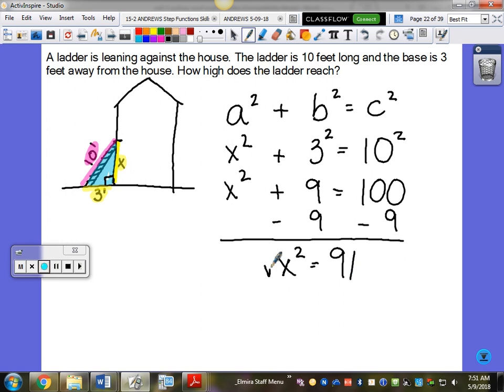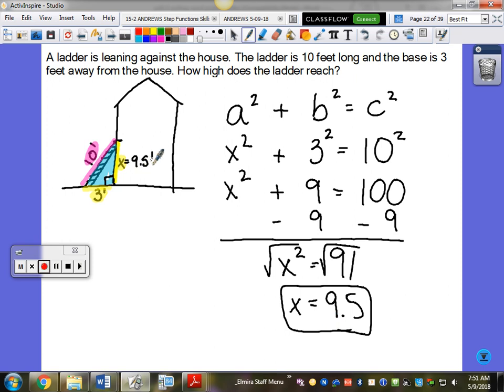And then taking the square root of both sides, it's about 9.5 feet. So the ladder will reach about 9.5 feet up the house.